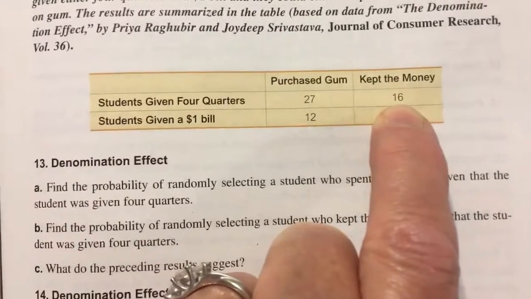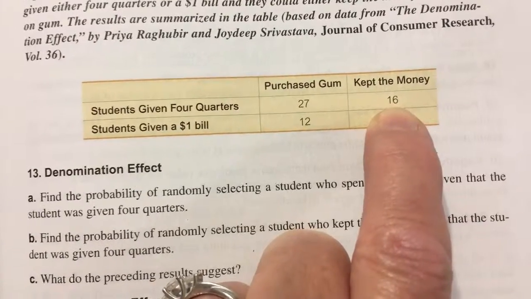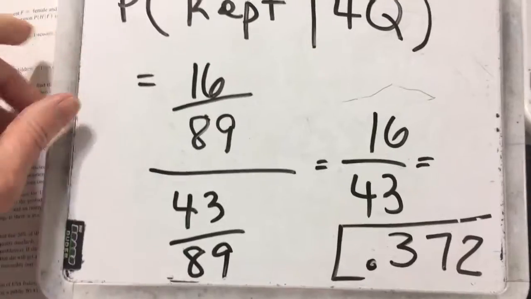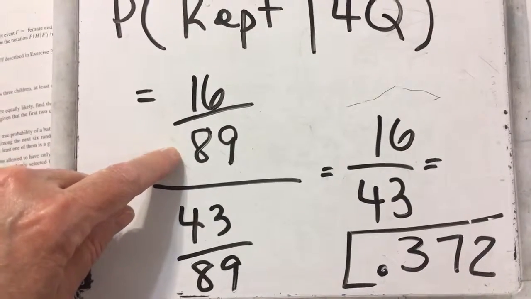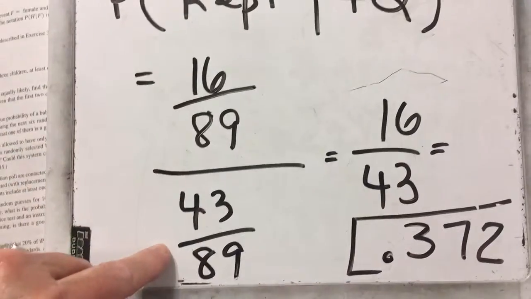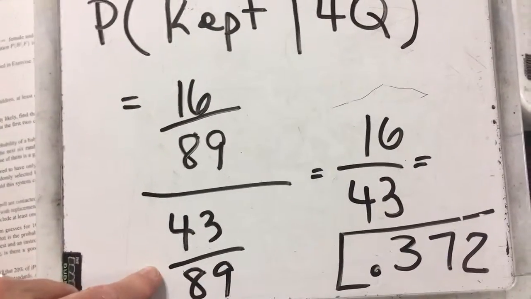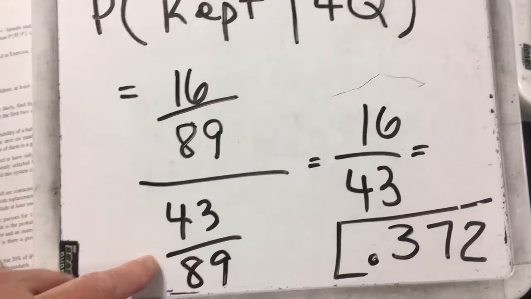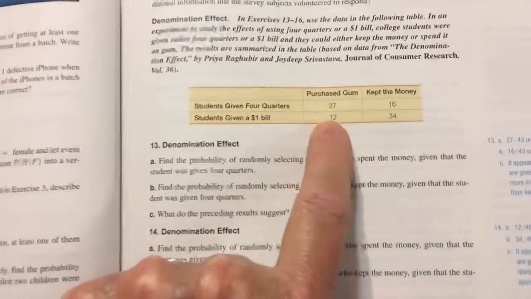There was only 16 out of 89 that were kept. So we note that here, 16 out of 89 is kept and 4 quarters. And then the denominator is the probability that it was 4 quarters again, which is the same thing we had at the bottom of the other board, 43 over 89.